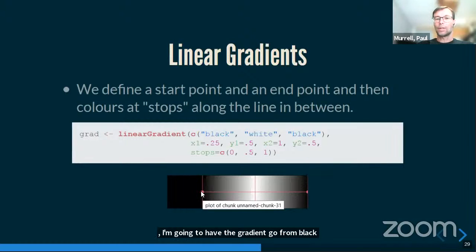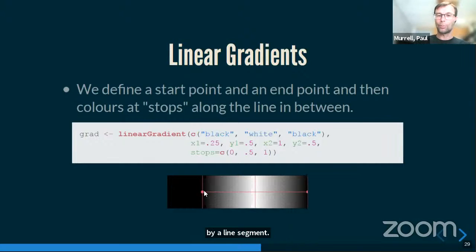I've drawn the start point and the end point of this line segment as little pink dots on this diagram. Then there are stops along the line segment, and these stops correspond to where the gradient should hit each of these colors that I've specified in the first argument.